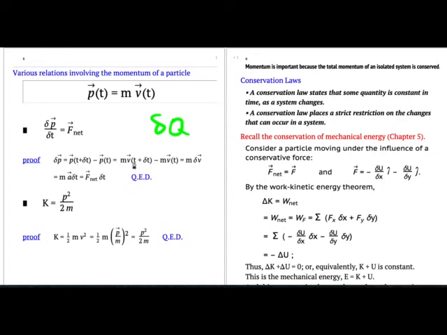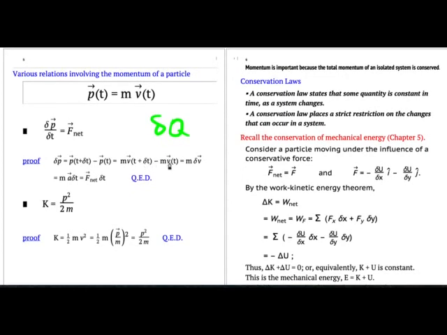P is mv, so I have mv at T plus delta T minus mv at T. Now, assuming that the mass is not changing, so we're just dealing with a particle moving around, then I have a constant factor here of m. So I can factor out m. I have m times v of t plus delta t minus v of t. That's delta V. So this is m times delta V if we're talking about the motion of a particle.